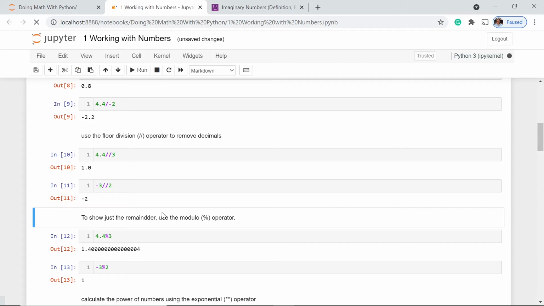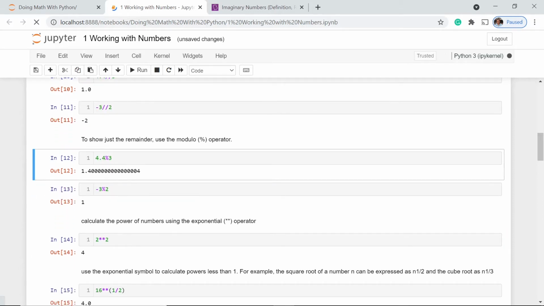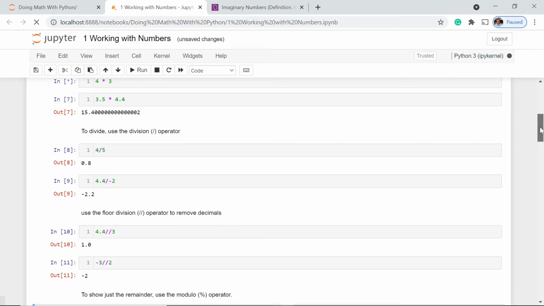Also, we could use the modulo operator if we would like to see the remainder. The spelling is wrong here, so let me remove it. Right. So the remainder. Okay. 4.4 divided by 3. This will give us its value.